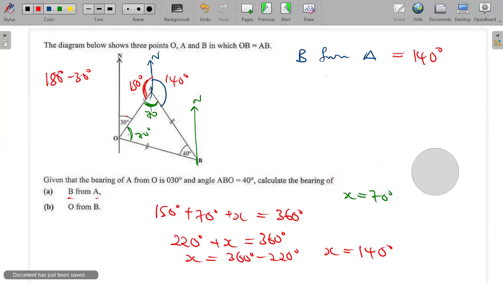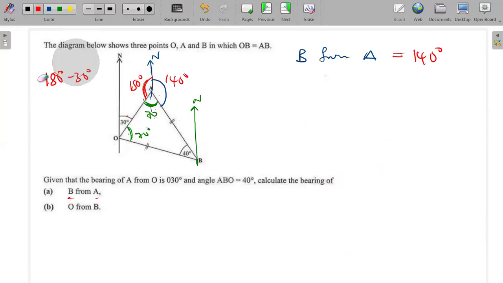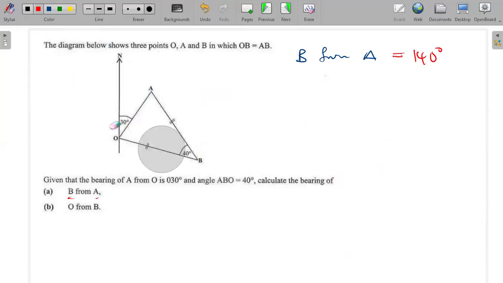Okay, let us do the next one. The next one is saying bearing of O from B. So O is there, B is there. I go here at B and then I draw my north. From the north of B to O, which is there like that, I must find this angle.